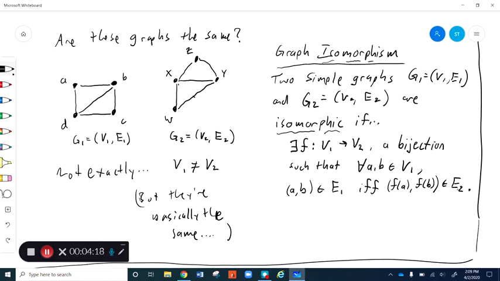So what this basically means is that f is a bijection between the vertices. And remember that a bijection means that the sets have to be exactly the same cardinality. So that establishes that the number of vertices in the two graphs has to be the same. And then also, not only is it a bijection, f is also a function which preserves adjacency.